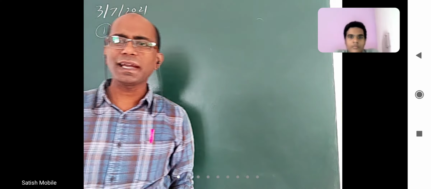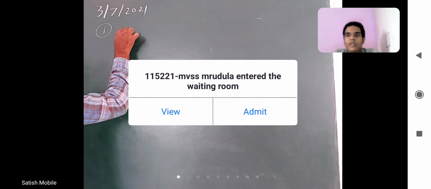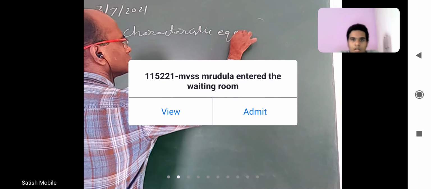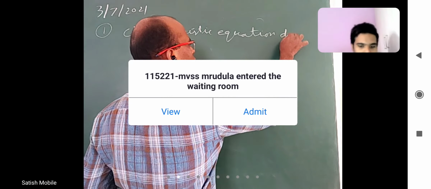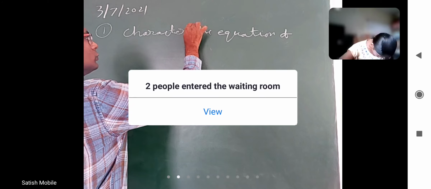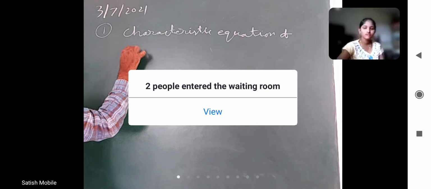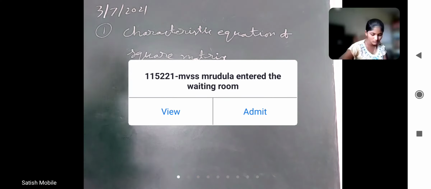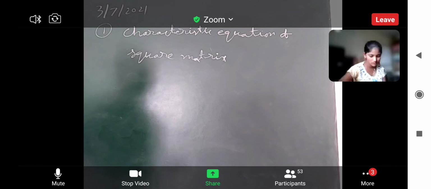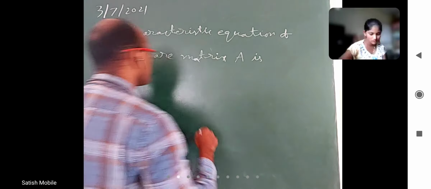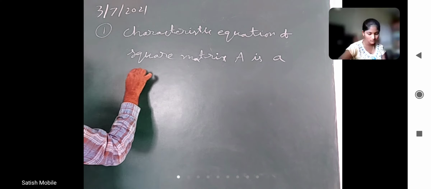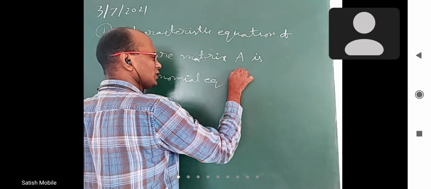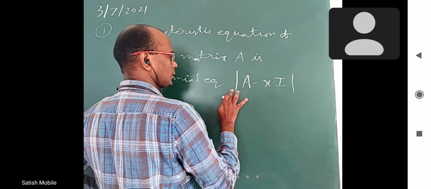Okay. Now, there is something called the characteristic equation of a matrix. You can write this in the notes. The characteristic equation of a square matrix A is a polynomial equation, determinant of A minus xI equal to 0.